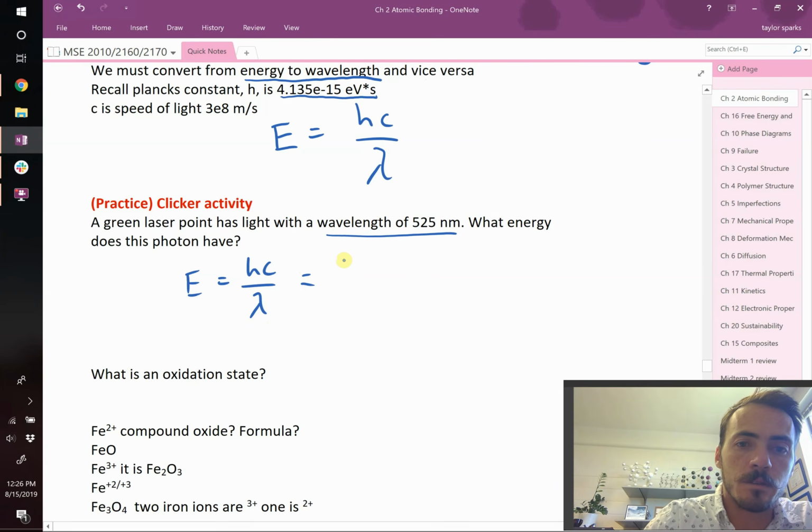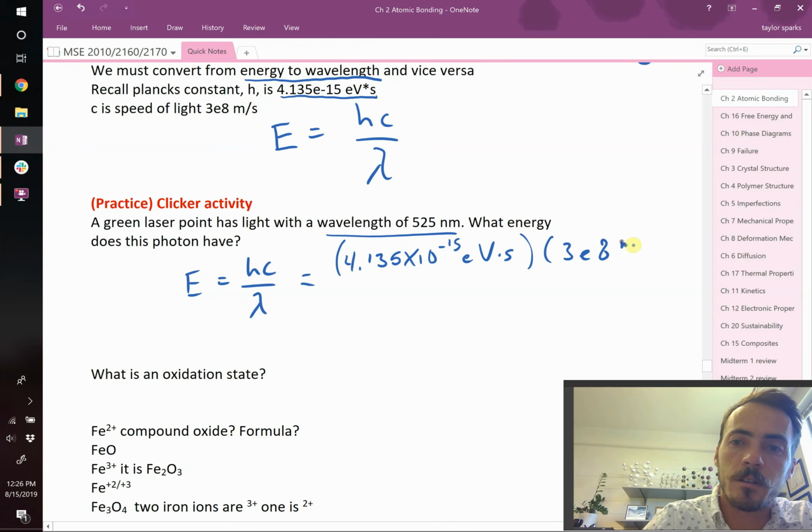We're going to say that this is equal to 4.135 times 10 to the negative 15th eV times seconds. That's going to be multiplied by 3 e to the 8th meters per second, so our seconds are going to cancel out.